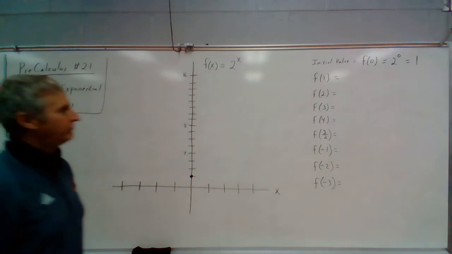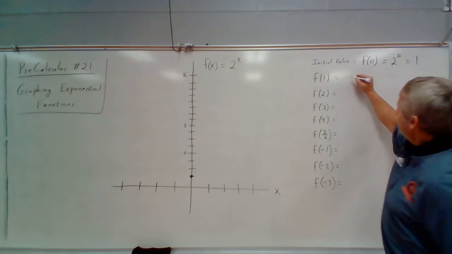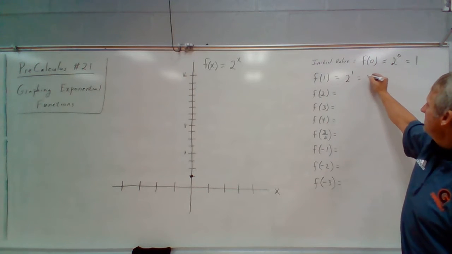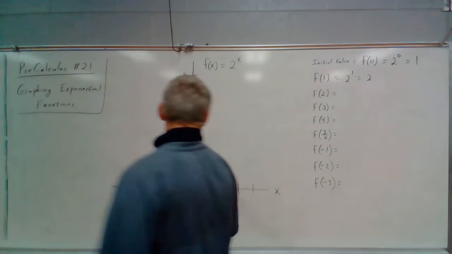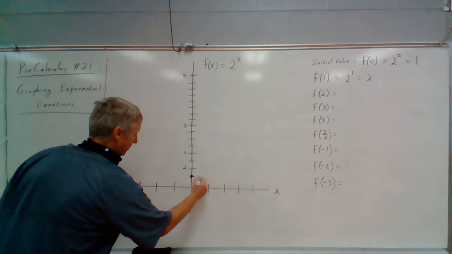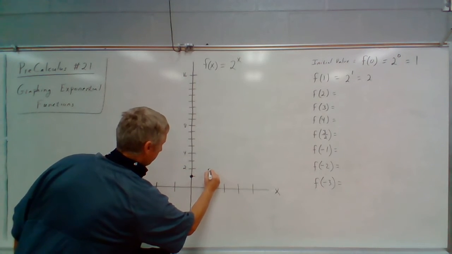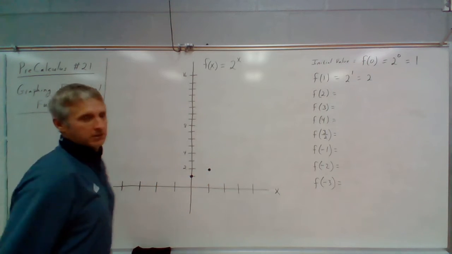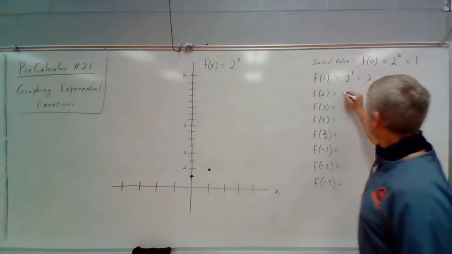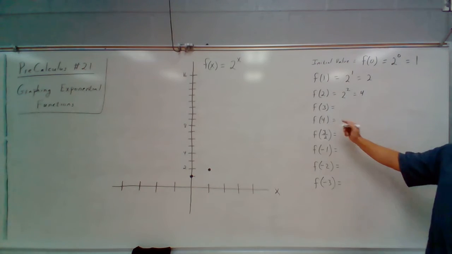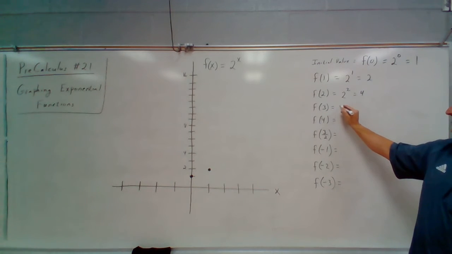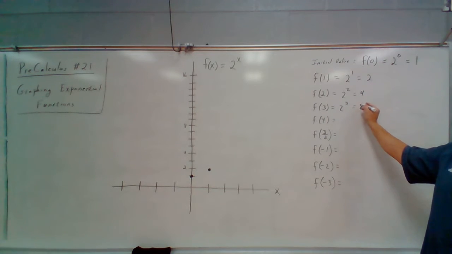Alright, let's find f of 1. So if I put 1 in for x, that would be 2 to the first power, which would be 2. So I'll plug in a 1 and I get a 2. F of 2, so that would be 2 squared, or 4. And let's just work out some more of these. F of 3 would be 2 to the third, which would be 8.